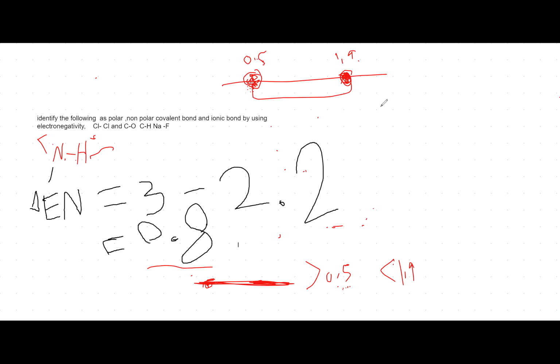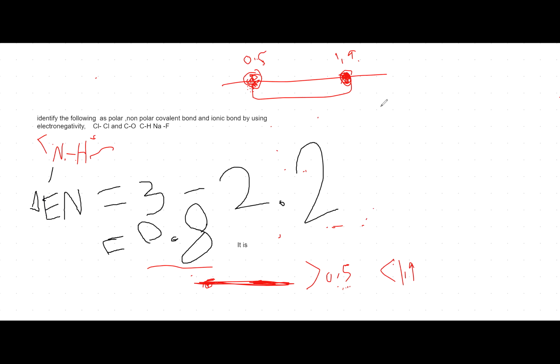So basically this is 0.8, and you said if it's greater than 0.5 and less than 1.9, it's polar. Yes, it's polar. This is what I said. But I cannot tell you, because you said it's polar because it's greater than 0.5.